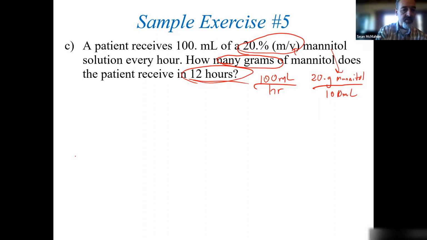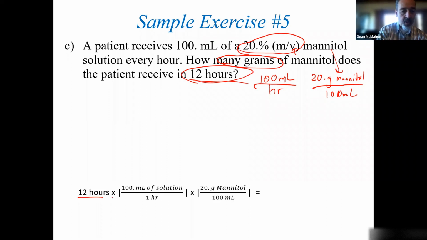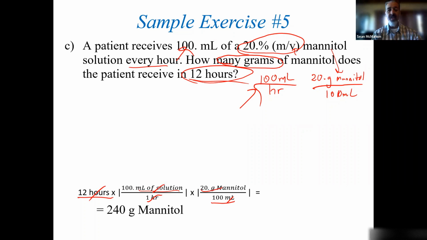Well, okay, set it up. 12 hours. Every hour, says it right here, every hour, there's 100 mL. So hours cancel. I want to get rid of mL of solution because I want grams of mannitol. Well, per 100 mL of solution, there's 20 grams of mannitol. So the patient's getting in 12 hours for this 20% solution where they're getting 100 mL every hour, 240 grams of mannitol.